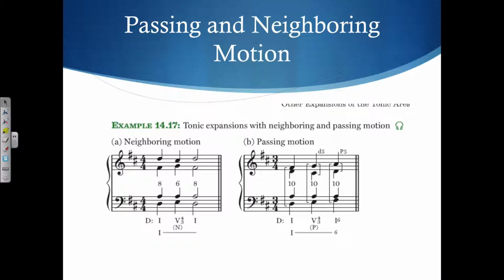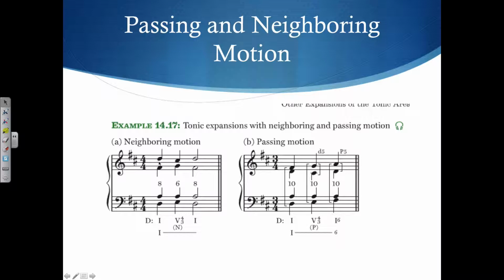You can see neighboring motion here in the soprano. We have D, lower neighbor, and then it goes back up. So we call this lower neighbor motion. Here's an upper neighbor motion. We have the F sharp to the G to the F sharp. And we see upper neighbor motion in the bass, the upper neighbor and then down to D again.